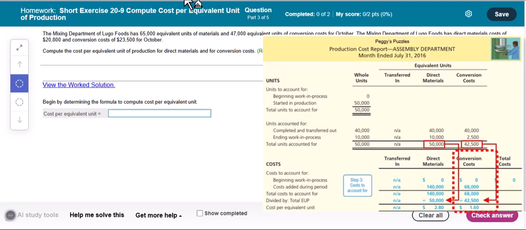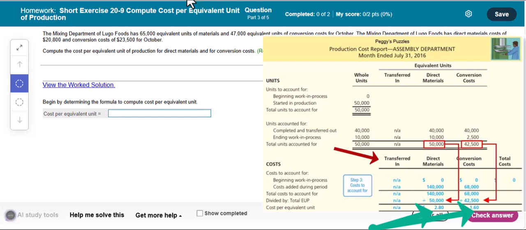So per puzzle there is $1.60 of conversion costs, which means $1.60 of direct labor and manufacturing overhead. So the cost per puzzle is the $2.80 plus the $1.60. And there is no transferred in cost, so we can ignore that.